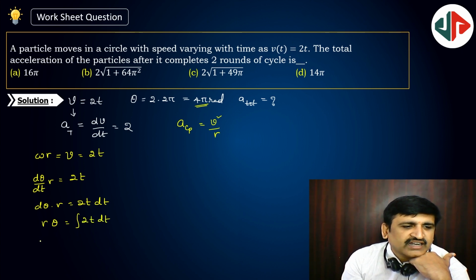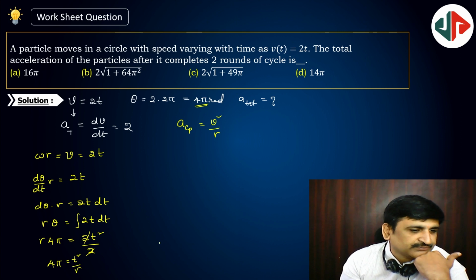So here r theta value is 4 pi radian. Displacement is after 4 pi. So 4 pi is equal to 2t square by 2, so 2 cancels. So 4 pi is equal to t square by r. I got up to here.